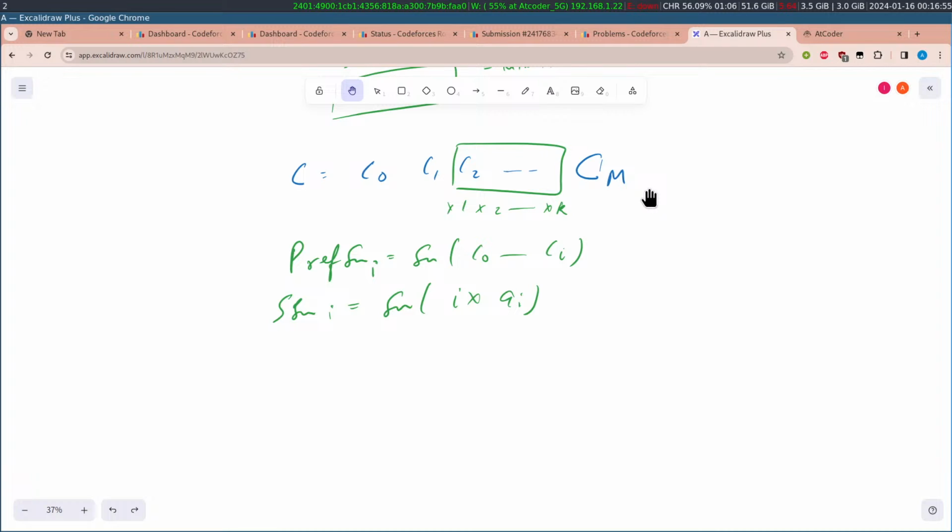Now I am defining C1, like P sum is C1 plus C2 plus C3, the prefix sum of this array.